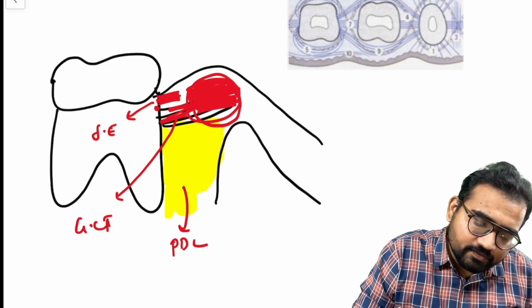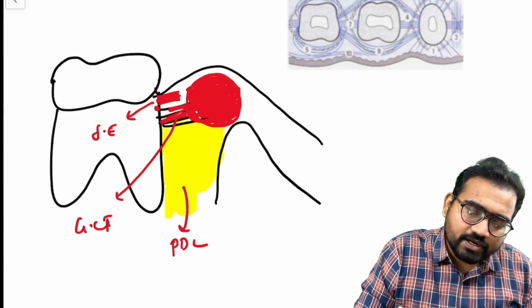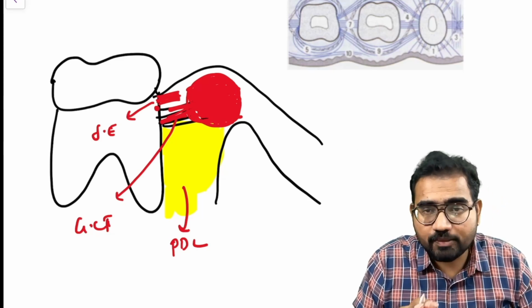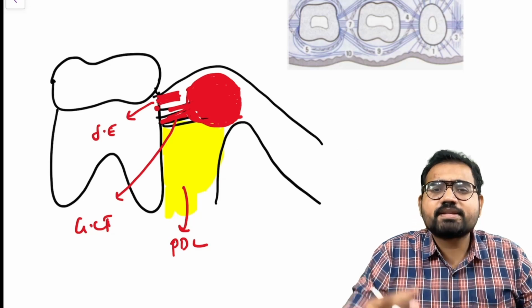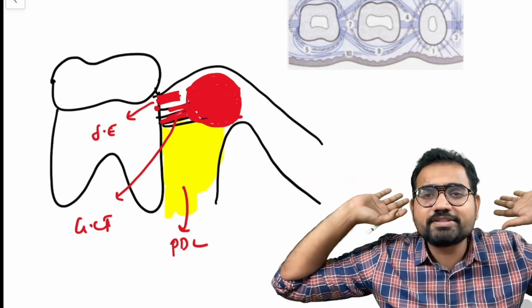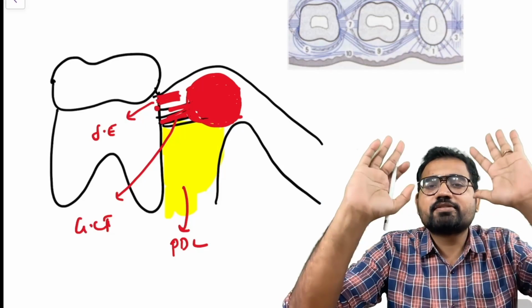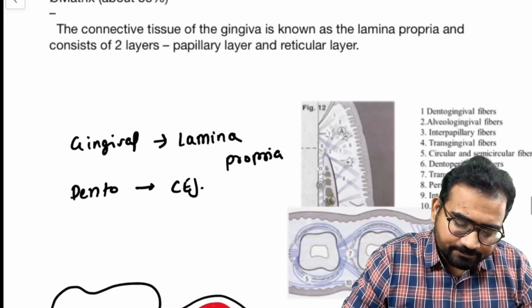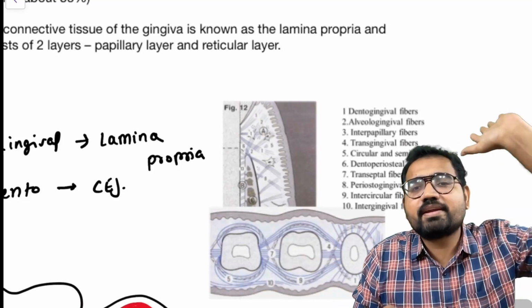The entire gingival connective tissue is called lamina propria, but they specifically say it ends in the lamina propria because it does not have that side attachment. In very simple terms, extending from the CJ into the gingival connective tissue is lamina propria. So dentogingival, from the CJ just enters into the connective tissue.